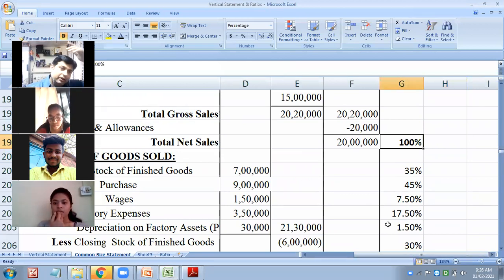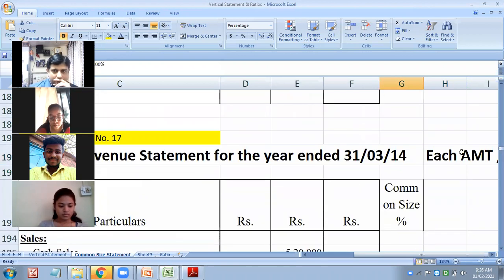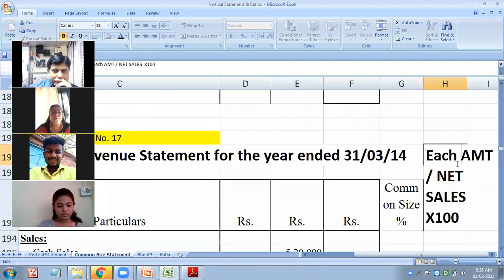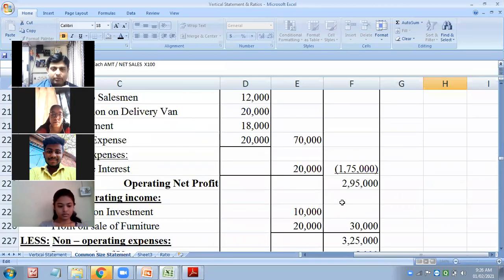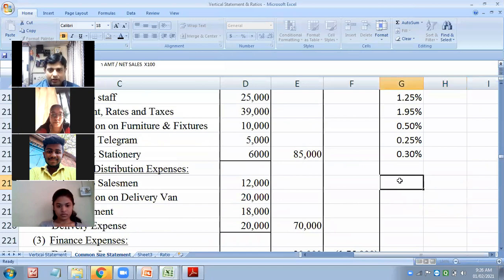Similarly, when it is a vertical balance sheet, then total fund employed we will consider as base. Here we do each amount divided by net sales into 100. In the balance sheet we will do each amount divided by total fund employed into 100. Let's get me the answer very quickly.